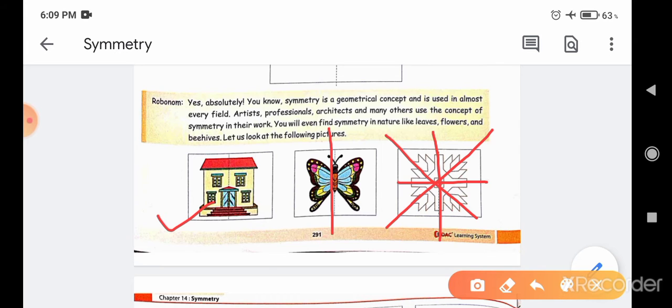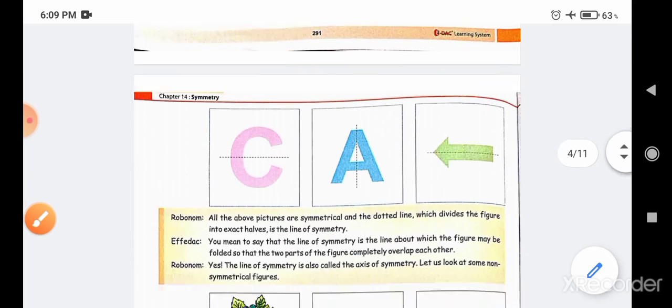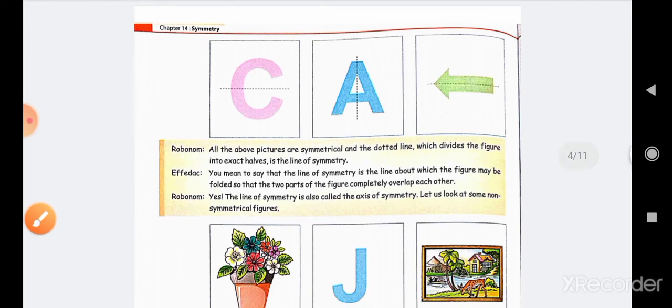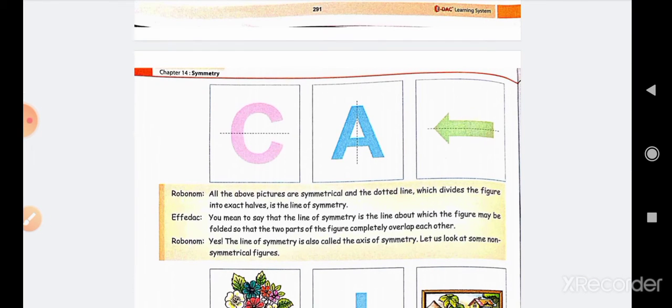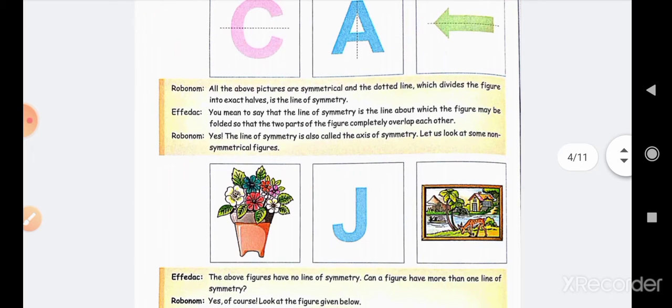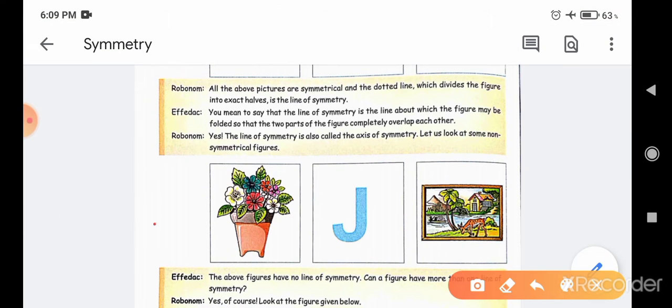So this figure has four lines of symmetry, and these are also examples of symmetrical figures. And here some examples are given which are non-symmetrical. This is non-symmetrical, this J is also non-symmetrical, and this scenery is also non-symmetrical.